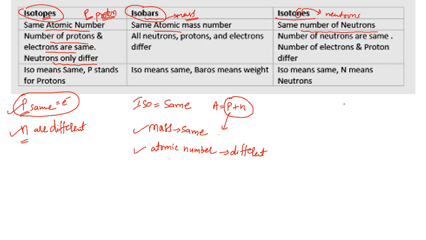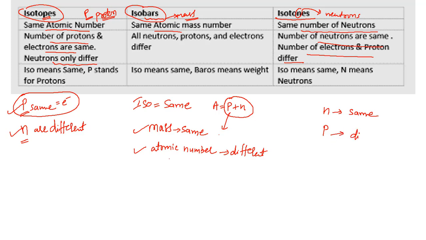Next, similar to isotope, here isotones: N for neutrons are the same. When neutrons are the same, obviously the number of protons is different. Number of neutrons are the same, number of electrons and protons are different.